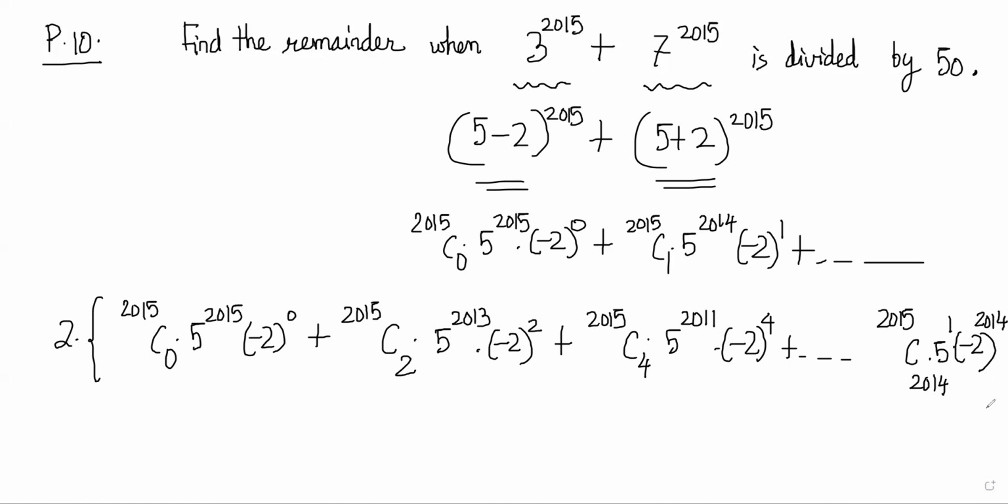These are all the even terms, in a bracket and multiplied by 2, right? So here you have to divide it by 50, right?